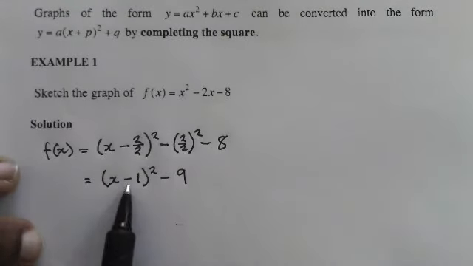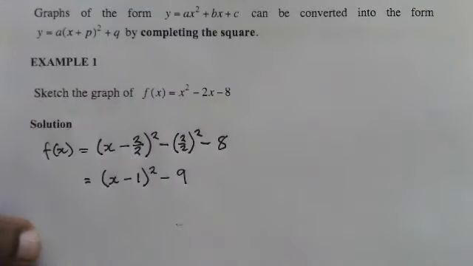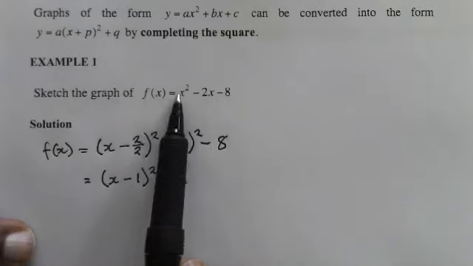So now we've got this graph in the form that we know. So now it's easy to find the turning point, and it's easy to find the x and the y intercepts. By the way, we're supposed to sketch. So we need the turning point, the x-intercept, and the y-intercept. And we know this graph is going to be a smiley face because the x squared is positive.